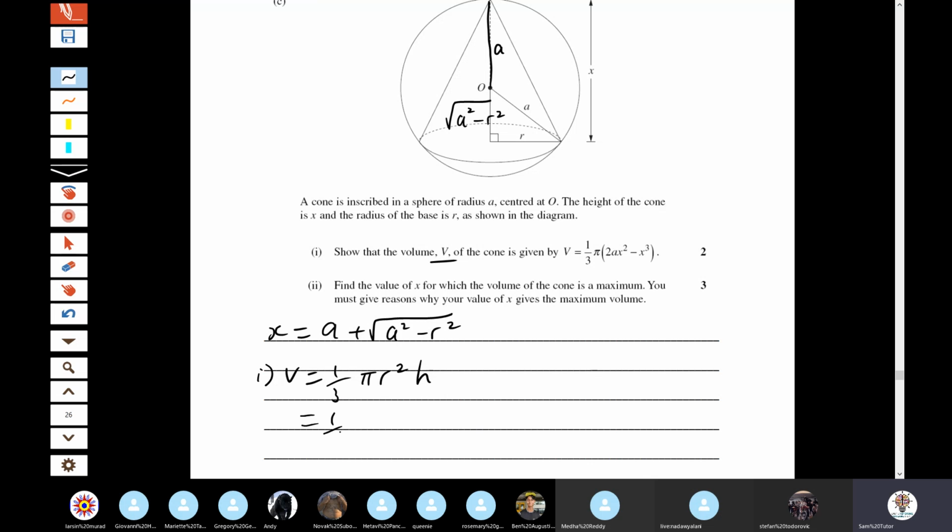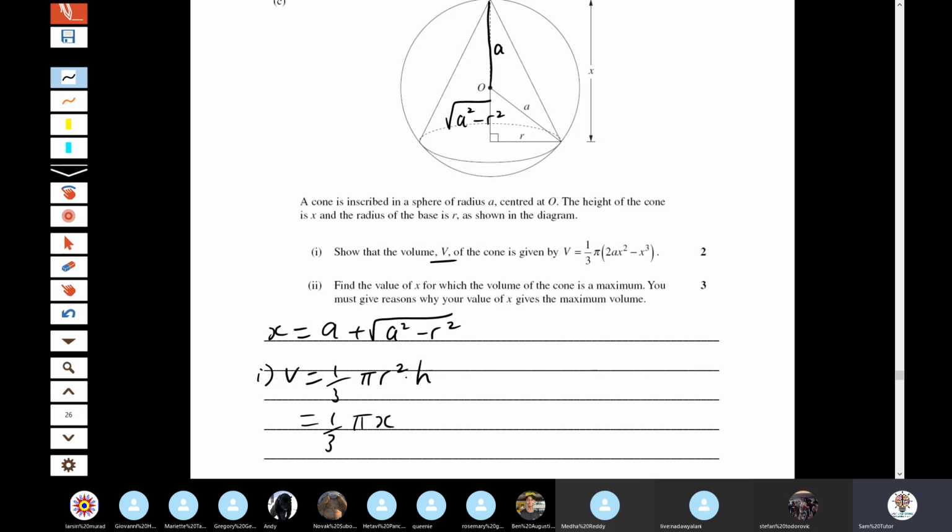So 1/3 is 1/3, pi is pi, h is x because the height is x, which means I've got to get rid of r squared.